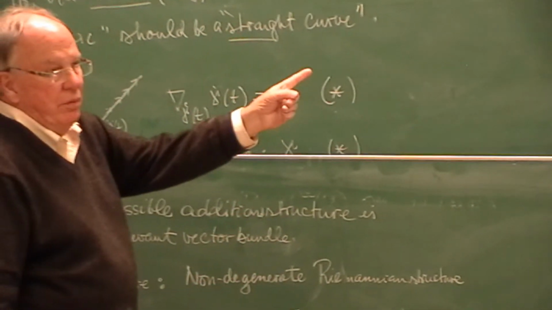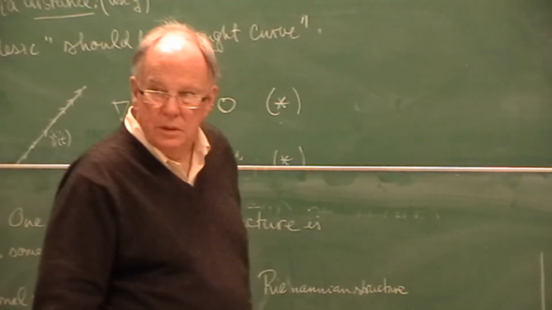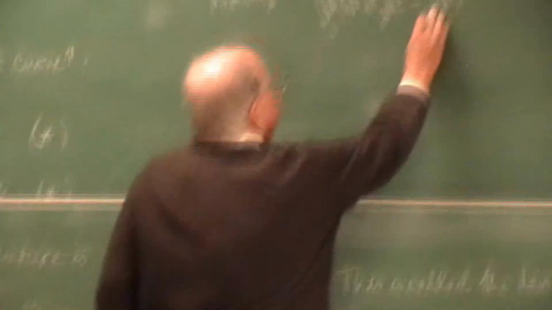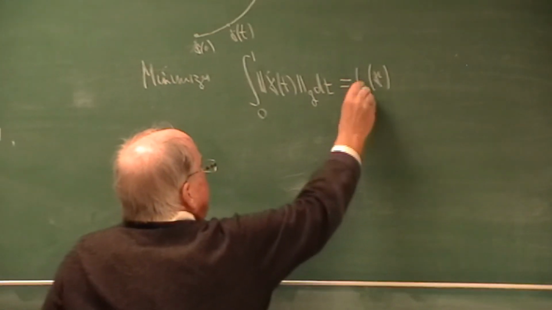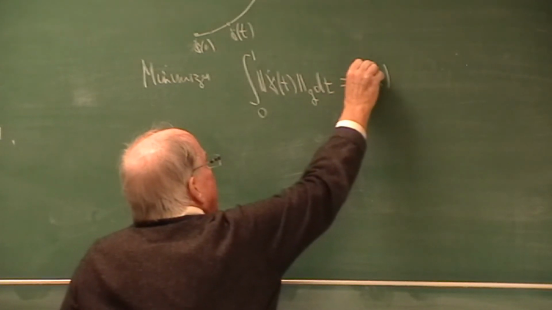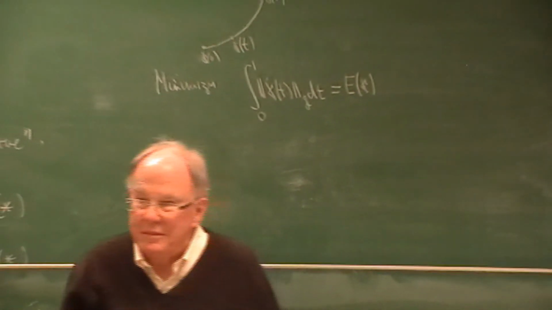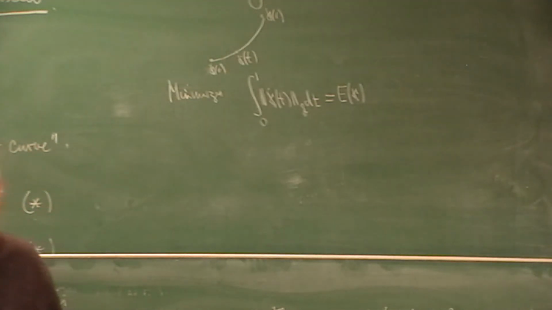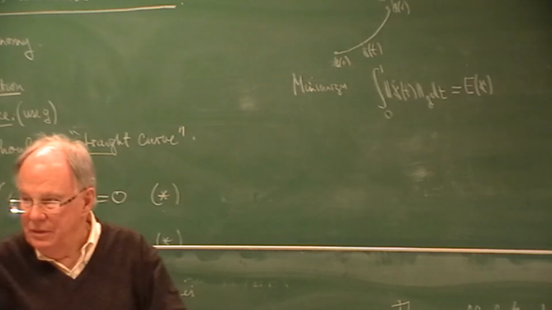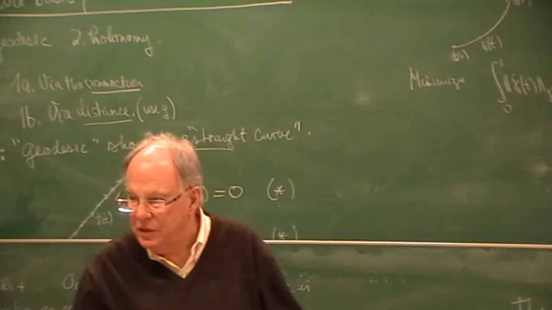This is a fundamental problem in mathematics and physics, not just length. You have all possible curves. Let's even change the notation to convince you that it's more general. Given a curve, there is some way to measure energy, whatever it means. You have what we call an energy functional on the curve. I'll call it energy. I just don't want to call it length because I don't want to be so special.